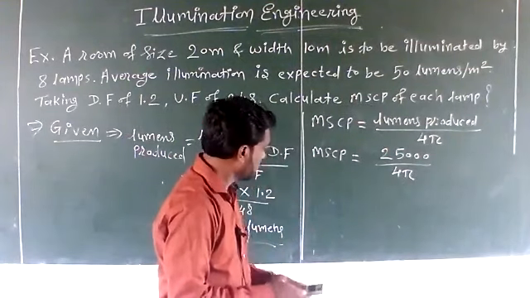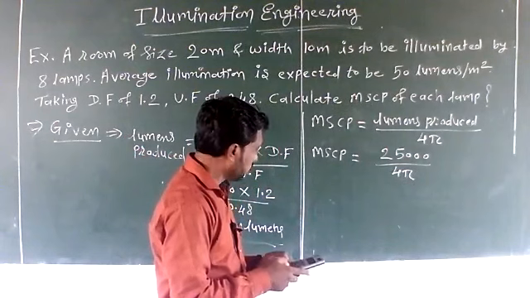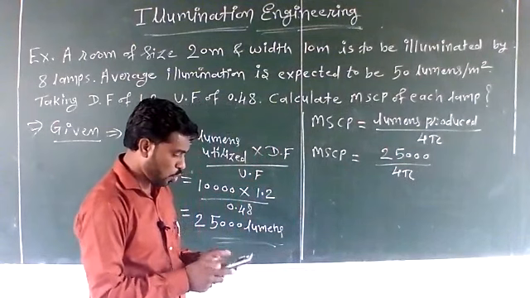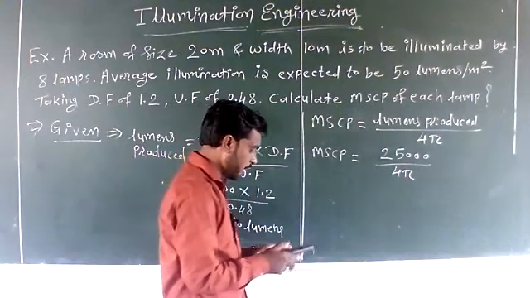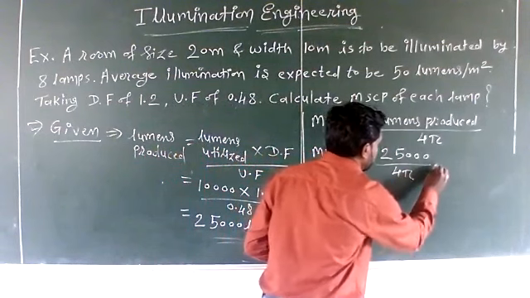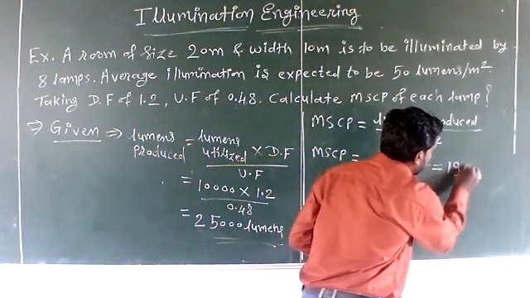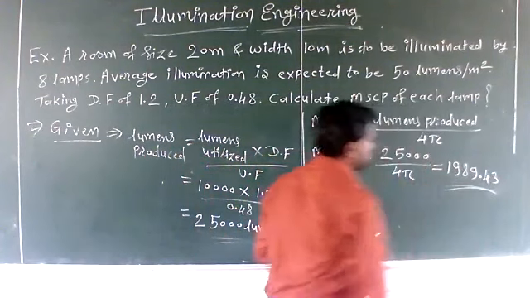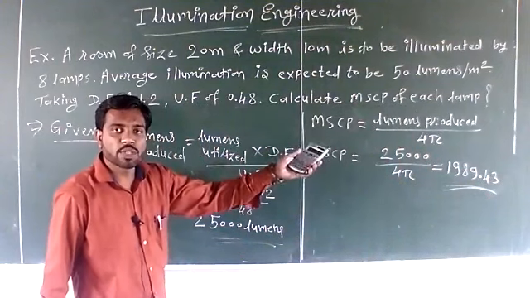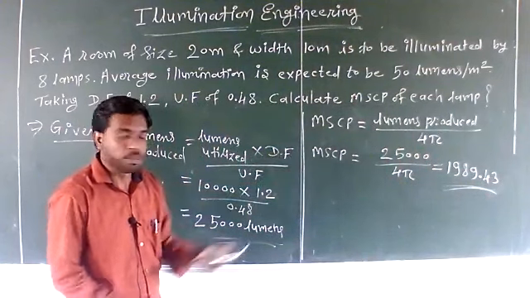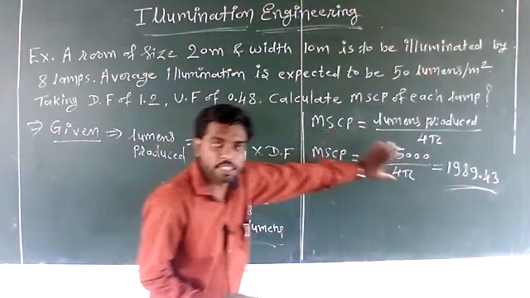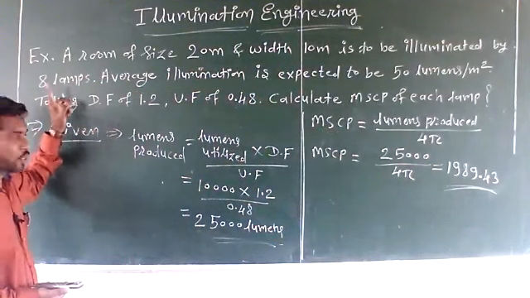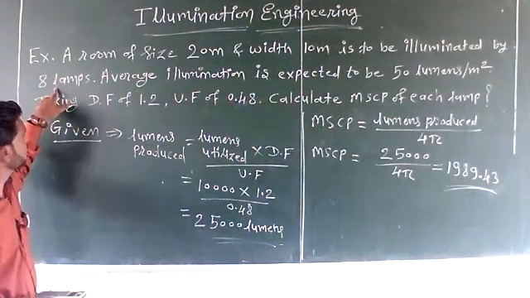So when we solve this, that means 25,000 divided by 4 pi, we get 1989.43. So MSCP is equal to 1989.43. But this value is for all lamps. That means number of lamps are 8. So this value MSCP is for all 8 lamps.